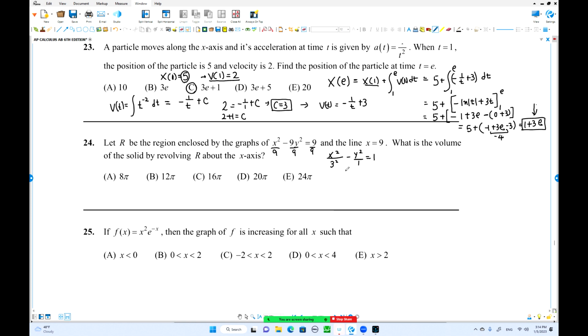Okay. The graph looks like this one. This is 3. This is negative 3. Okay, the asymptote is what? 1 over 3. Looks like this one. That is the asymptote, 1 over 3.